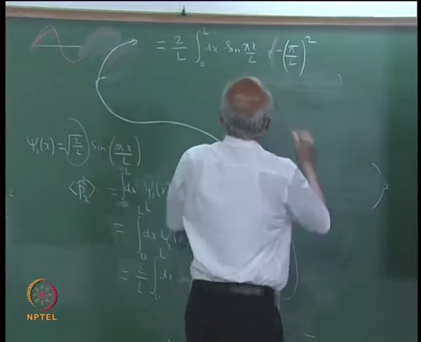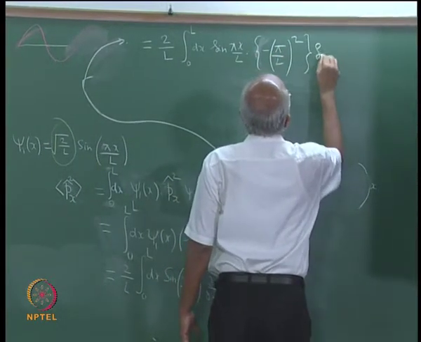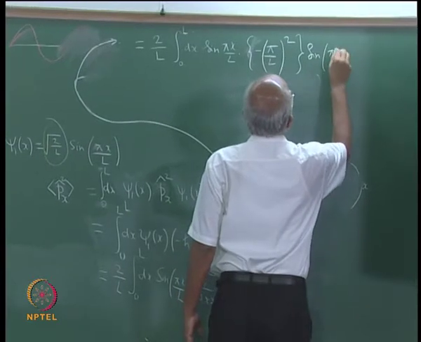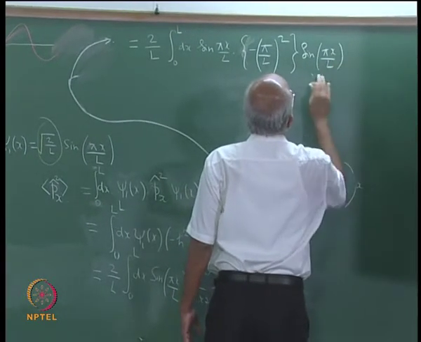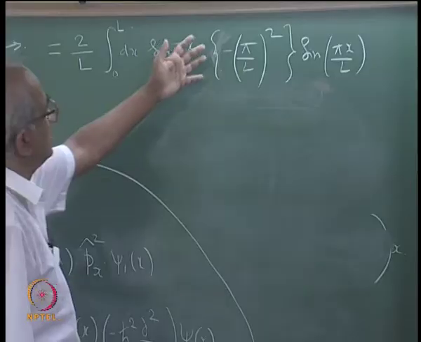So, you are going to get minus pi by L square sin pi x by L. And this object is just a constant.